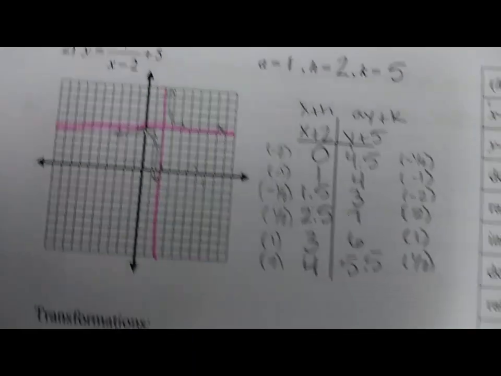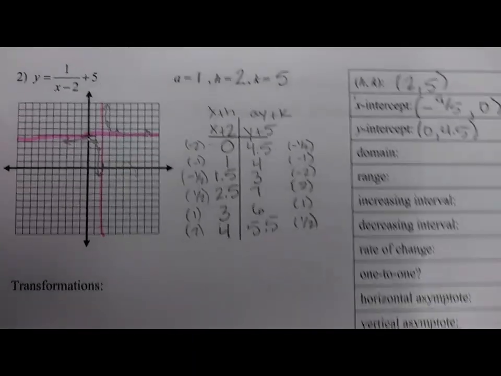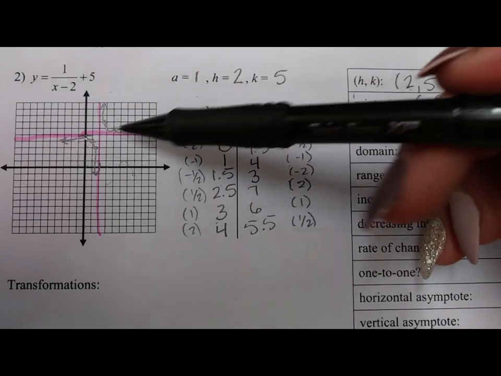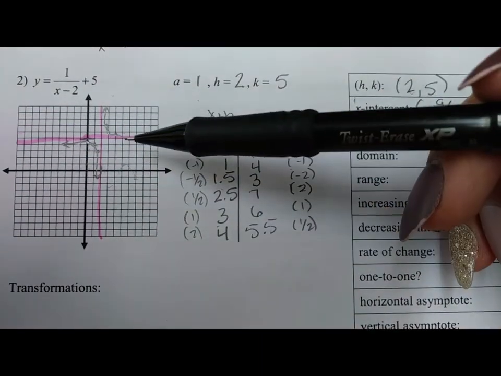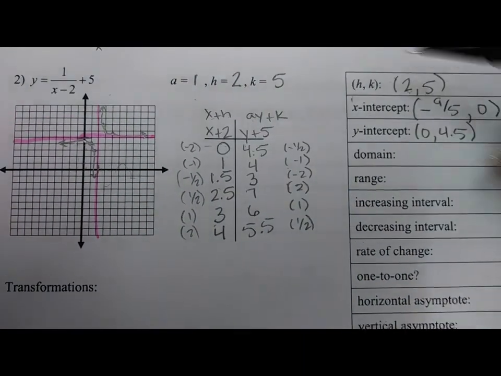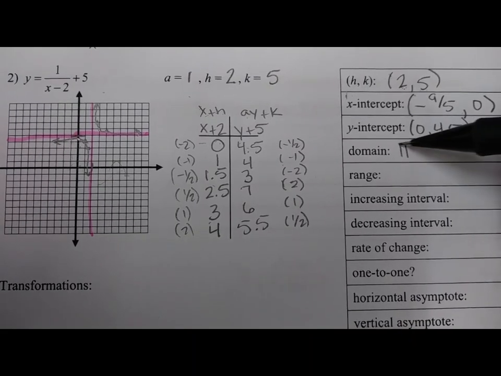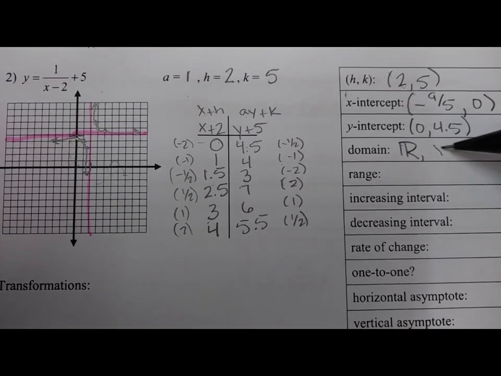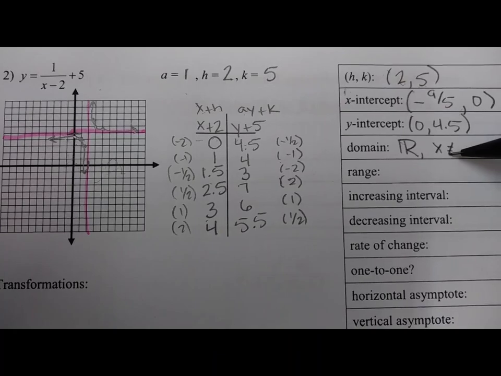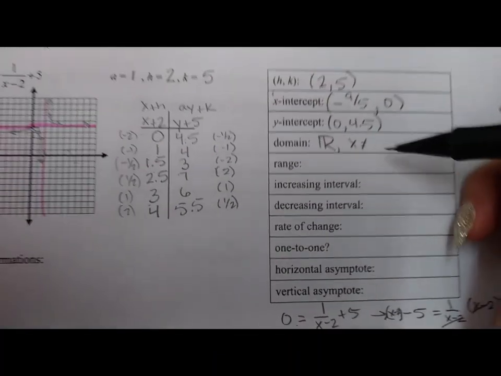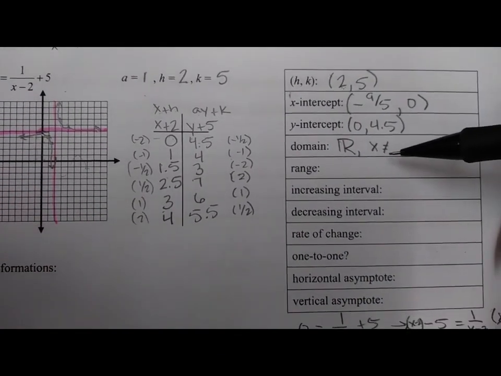Now, our domain here, because it goes in one direction forever and the other direction forever, is all real numbers where x does not equal 2, because we have these asymptotes.